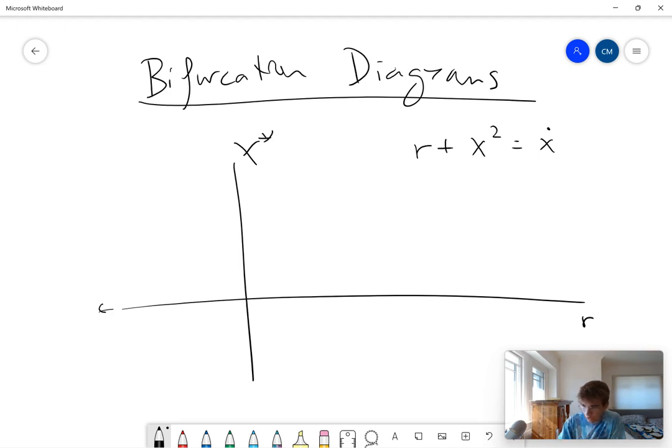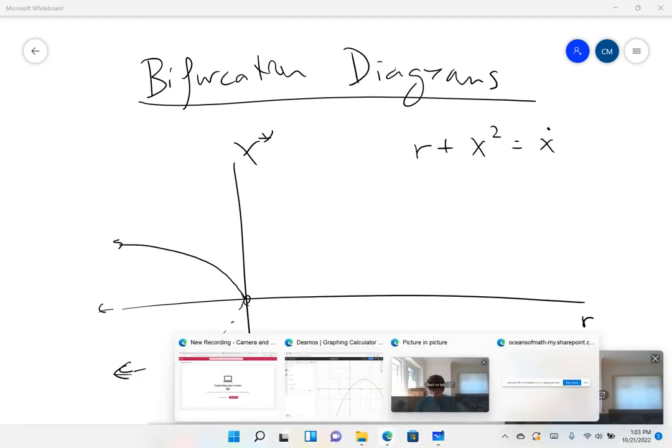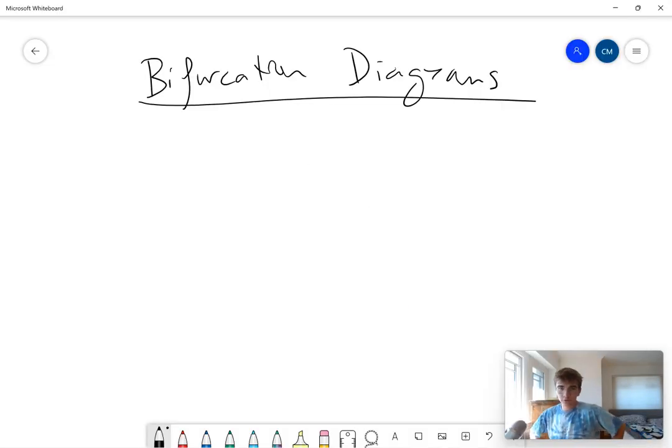Observe that when r is greater than 0, we have no fixed points. And for r less than 0, we have fixed points that start to appear and emerge, like so. Okay, now, the goal of bifurcation diagrams is to represent our system and how it changes directly as a function of changing the parameter r.